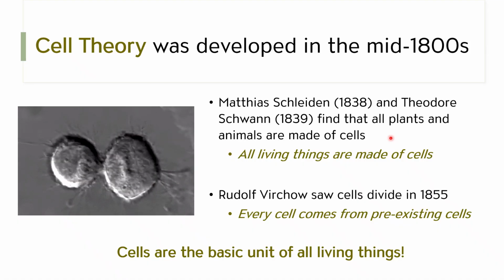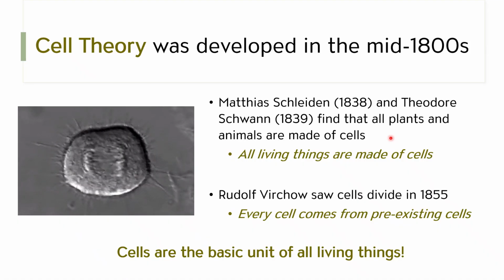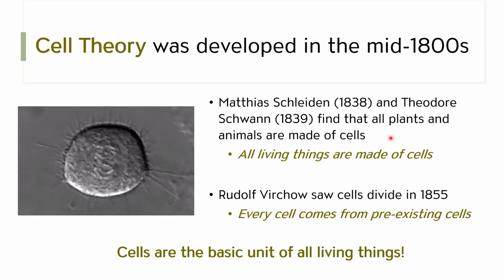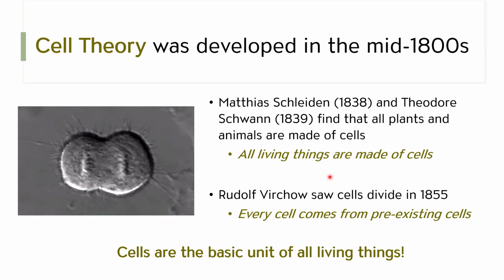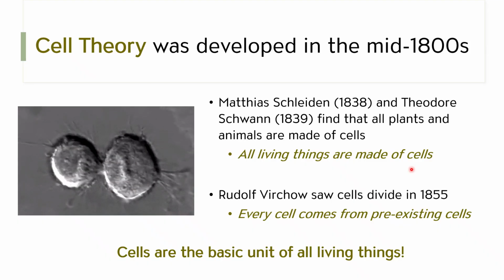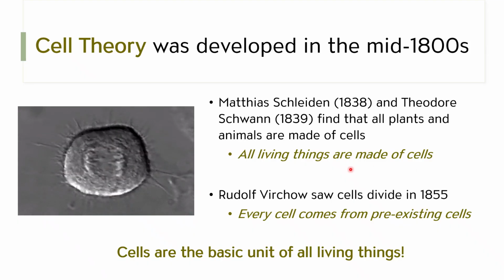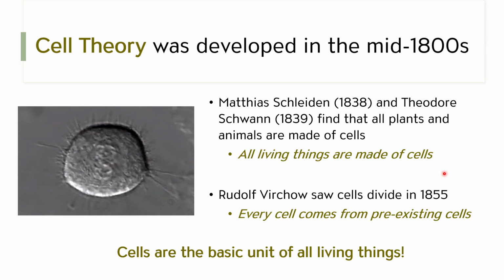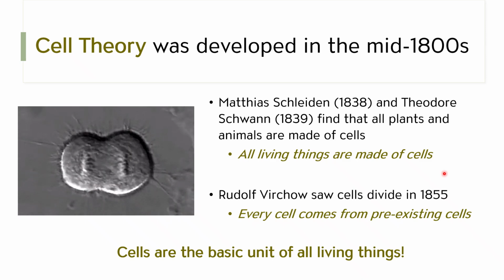So from there, they tested it so rigorously, not just them, but other scientists as well. We all tested it, and we can say with extreme certainty, based on all the evidence that was collected, all living things are made of cells. And it's a well-tested, well-proven hypothesis.